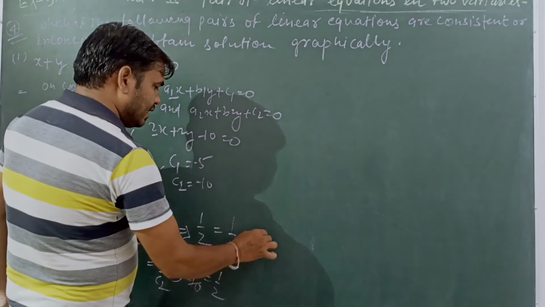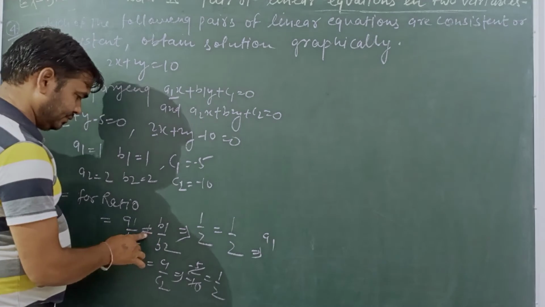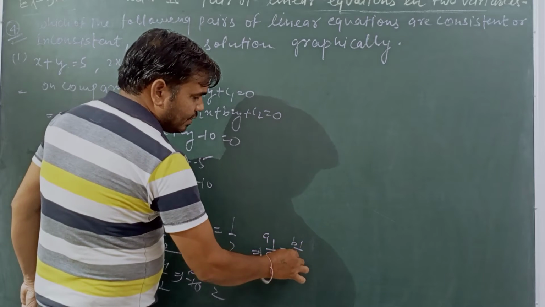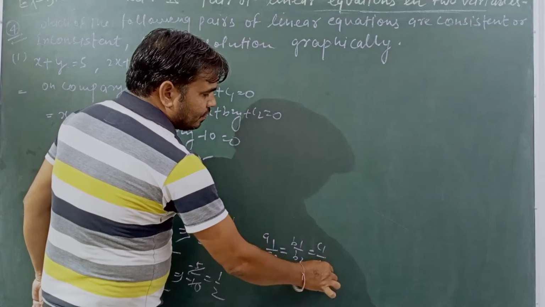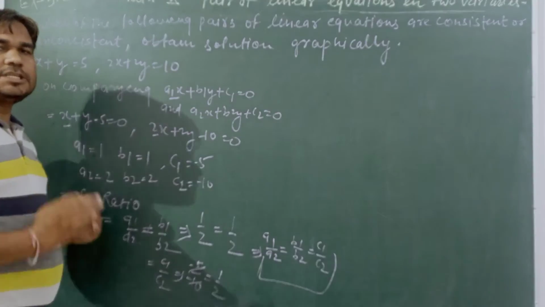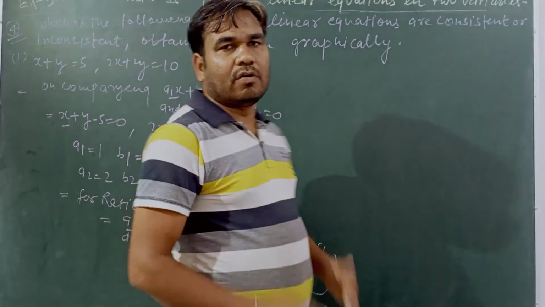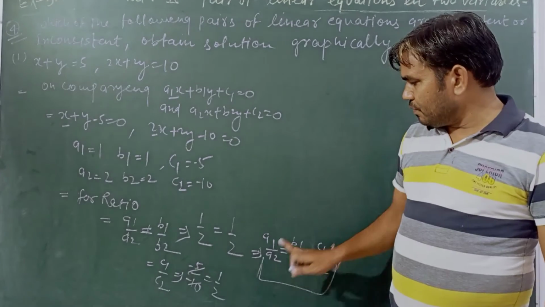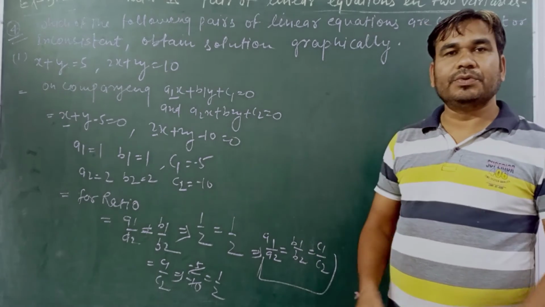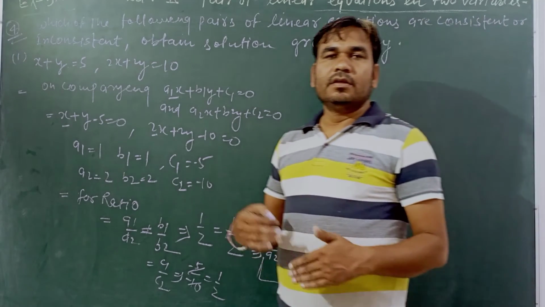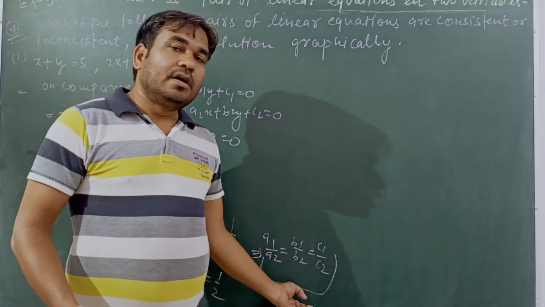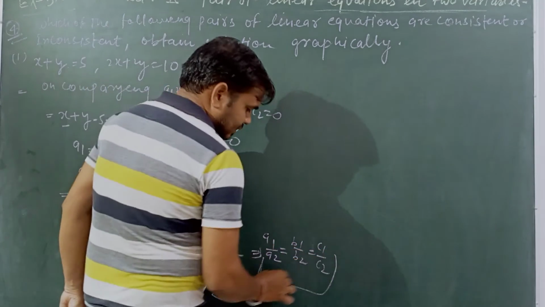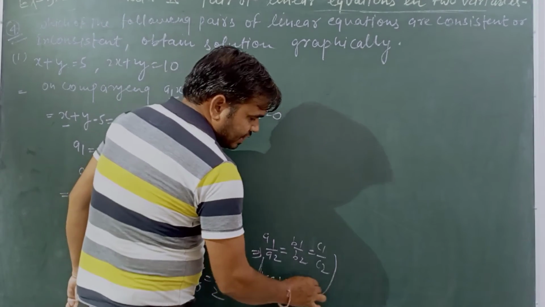So a1 over a2 equals b1 over b2 equals c1 over c2. When you find this condition for a pair of linear equations, it means they have infinitely many solutions.